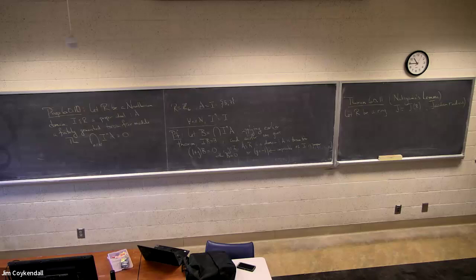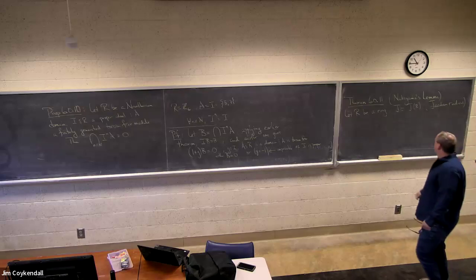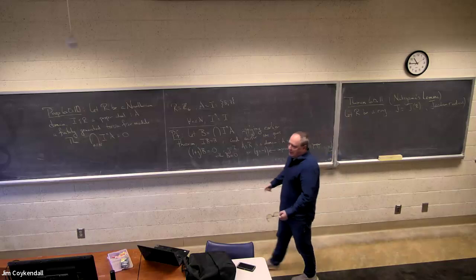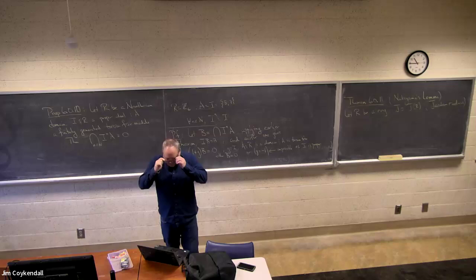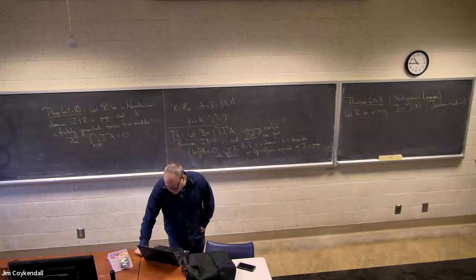That is the intersection of all maximal ideals of R. It's bigger than the nil radical, which is the intersection of all prime ideals. In general, it's bigger because you're only intersecting the maximal ones.